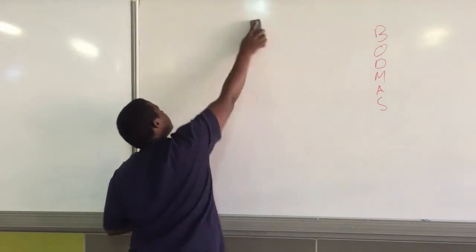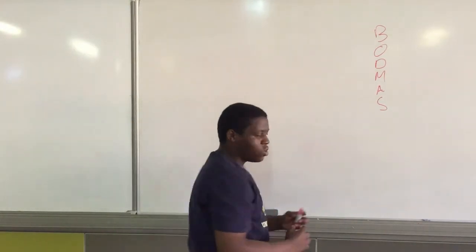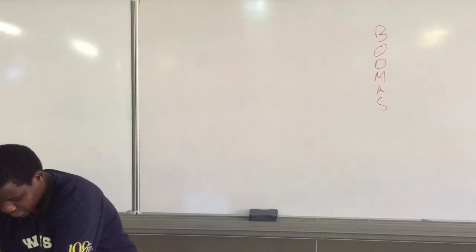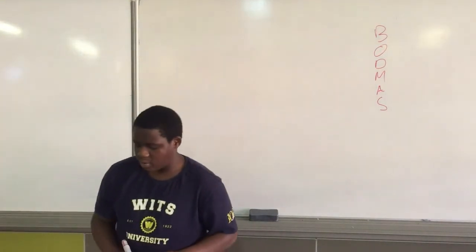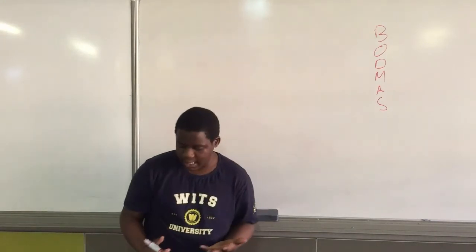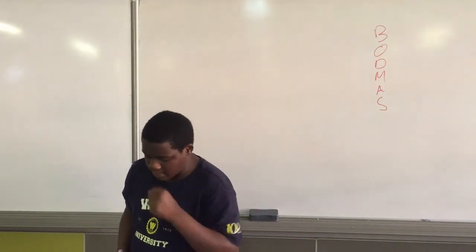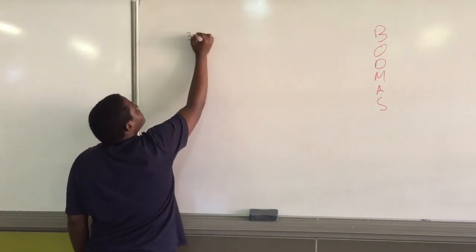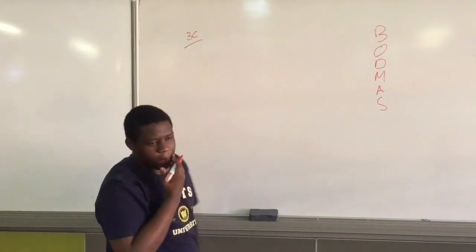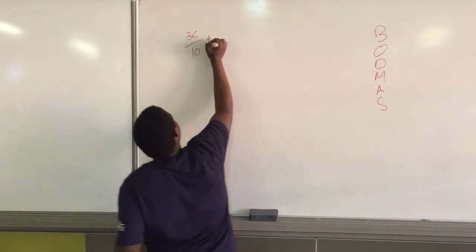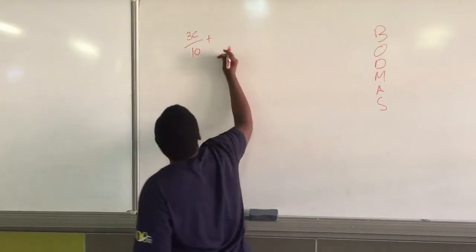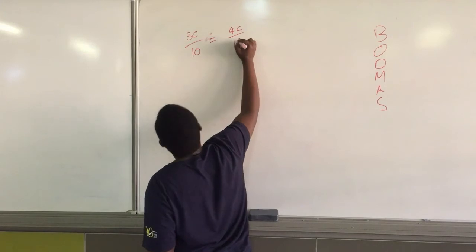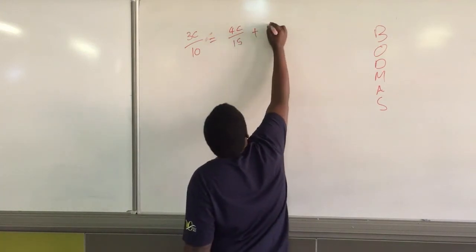So let me do another linear equation that would require you to find something we call the lowest common denominator. Now in our linear equations, we'll have a linear equation such as, let's say, 3c over 10 is equal to 4c over 15 plus 1.